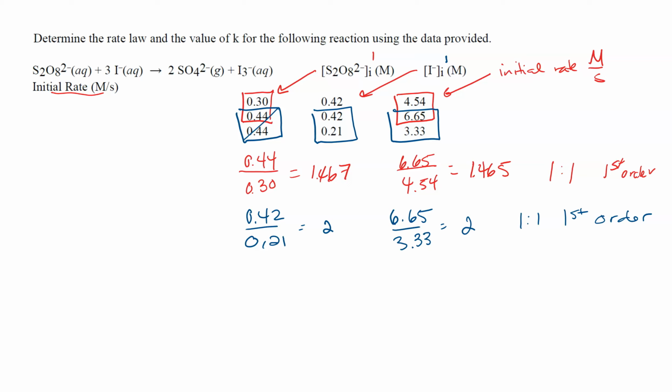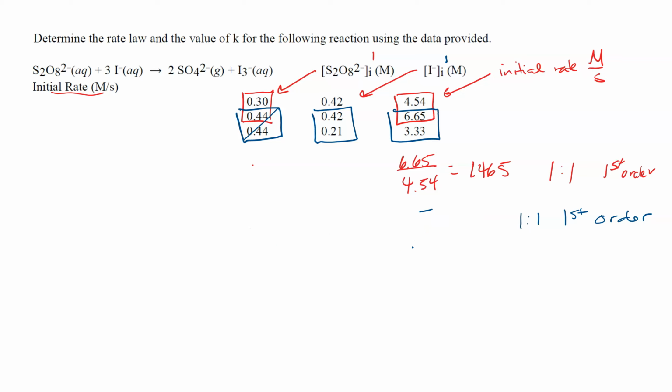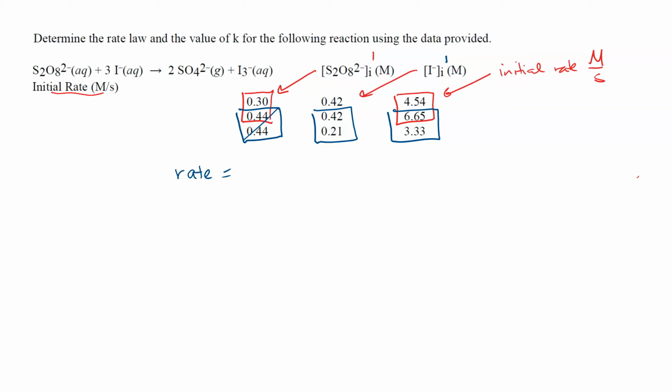So let's see here. Now that we have this, I'm going to do a little erasing to make a little bit of room. Okay. So remember, rate equals K times our reactants.